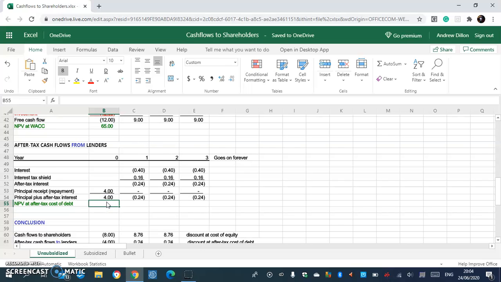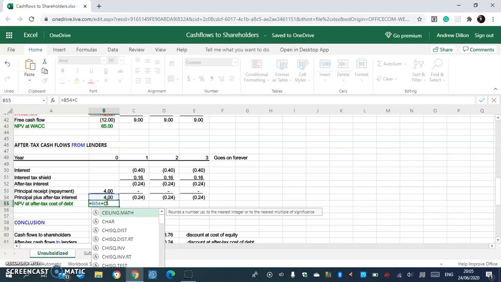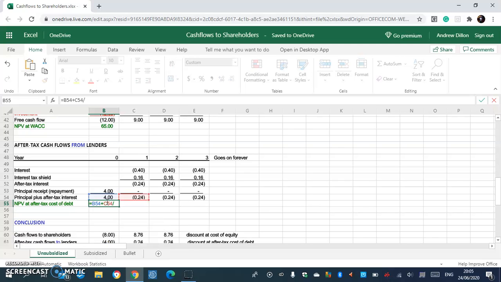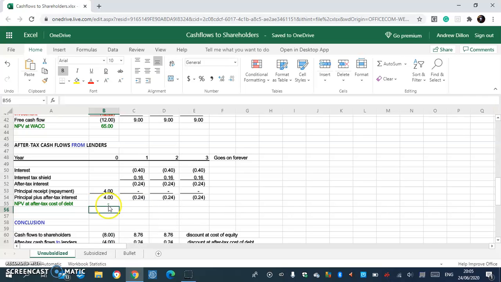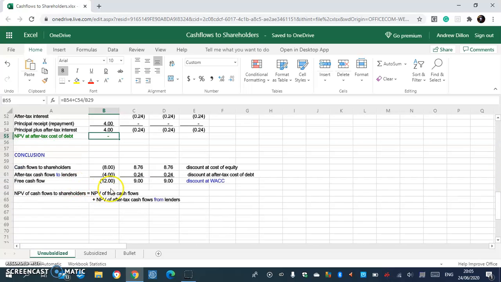Yes, the net present value after tax cost of debt. The answer is 0, so that's correct.